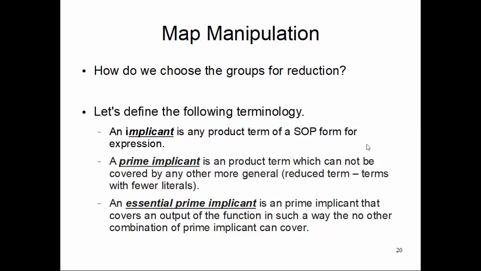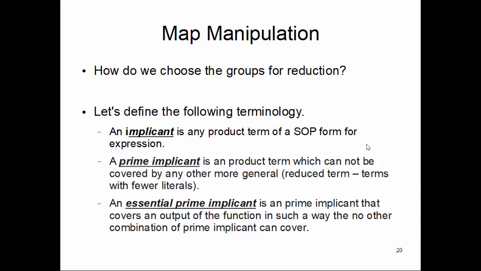By consuming more and more, making the group bigger, you are practically making a reduced form of the term. So a prime implicant is a reduced form which cannot be reduced further in that given Boolean expression.